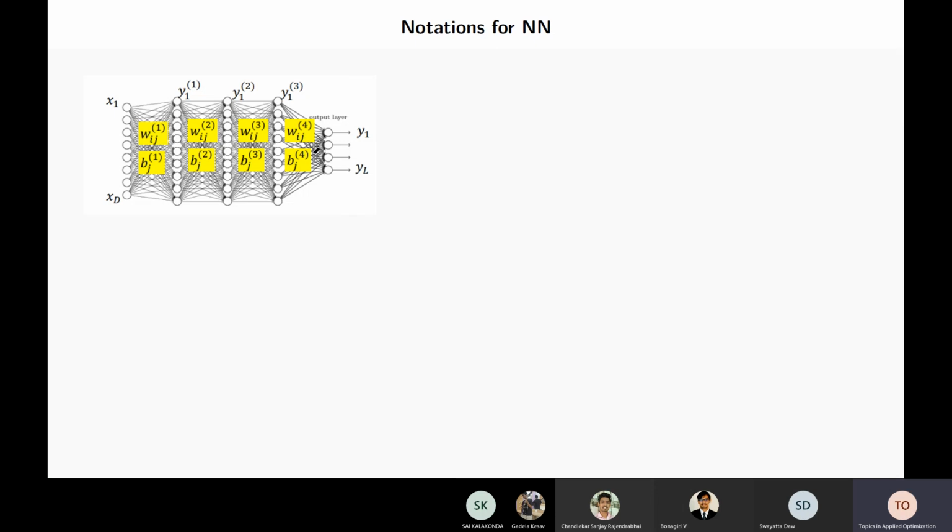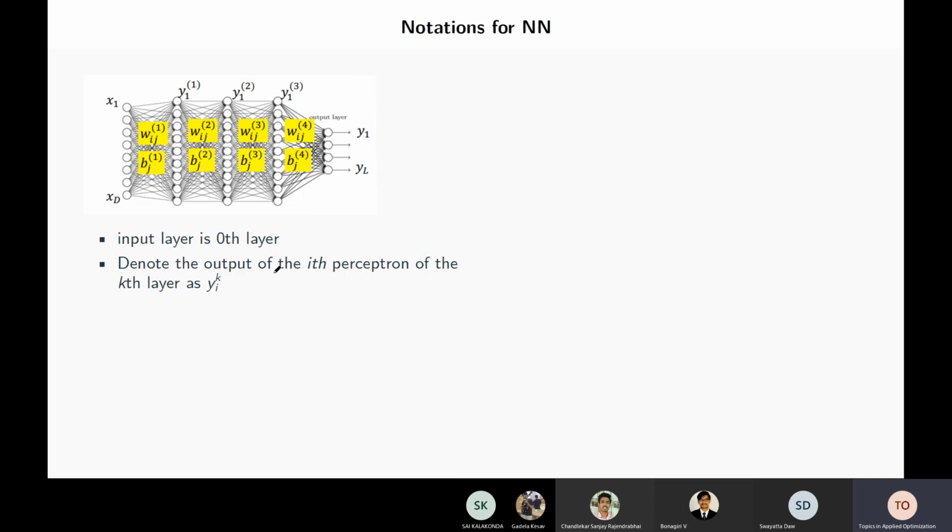W superscript 1 denotes the weights between the input layer and the first hidden layer, and W superscript 2 means the weights between the first hidden layer and the second hidden layer, and so on. Okay, and the subscript denotes the edge between the ith unit of the previous layer and the jth unit of the current layer. And outputs are usually denoted by y1 to yl.